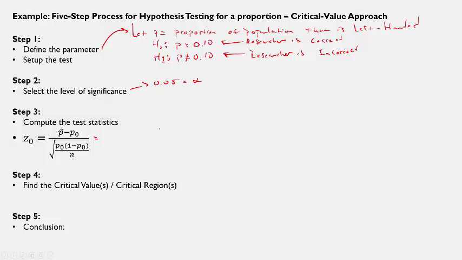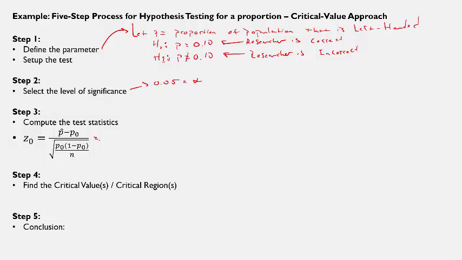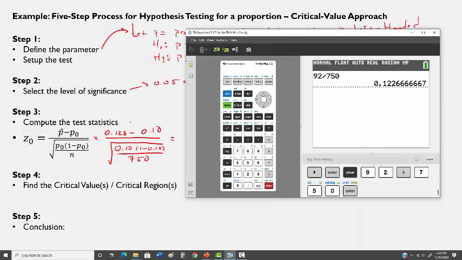Compute the test statistic. My p hat was 0.123 minus p naught, which comes from the null, 0.10, over the square root of 0.10 times 1 minus 0.10 divided by the 750 people. Let's go through our calculator here.